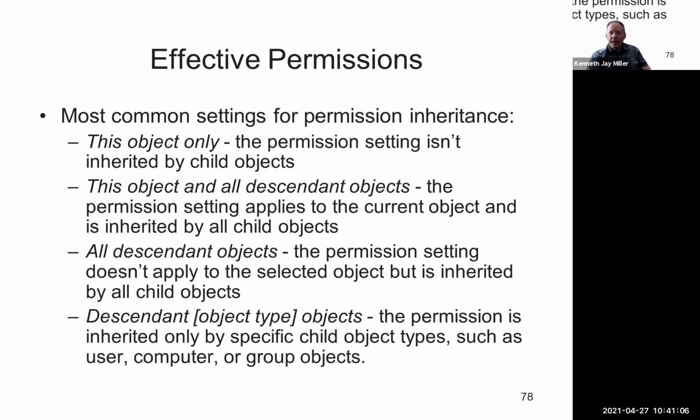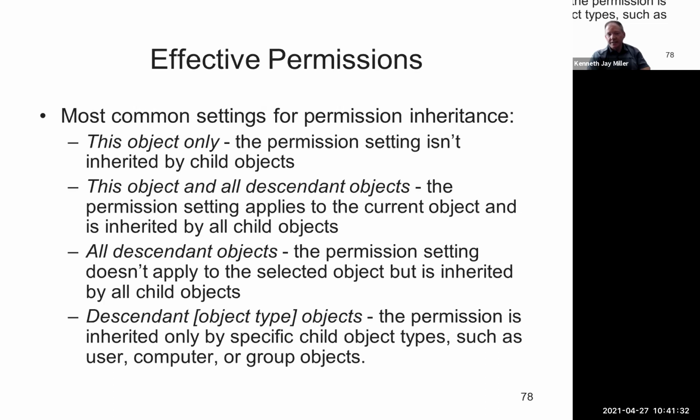Now, the most common settings for permission inheritance are: This object only, which means it doesn't inherit from the parent. This object and all descendants, which means everything's going to be inherited. All descendant objects, where the permission doesn't apply to the selected object but will be inherited by all the child objects.